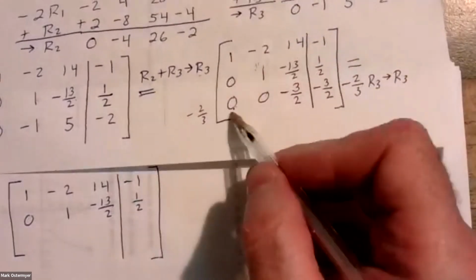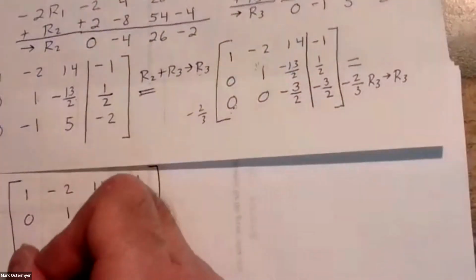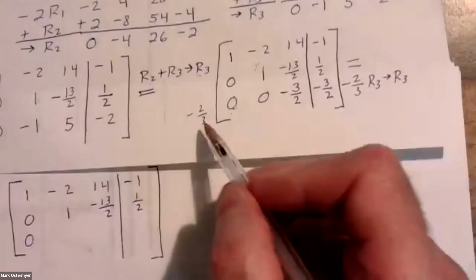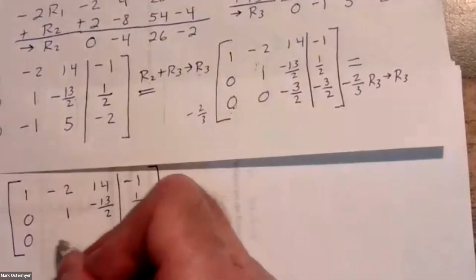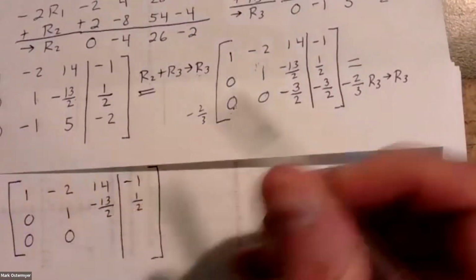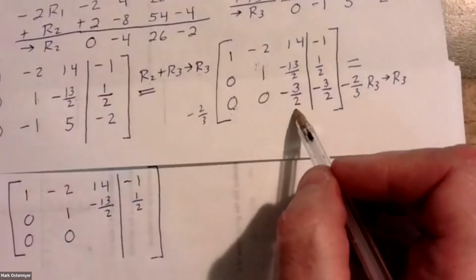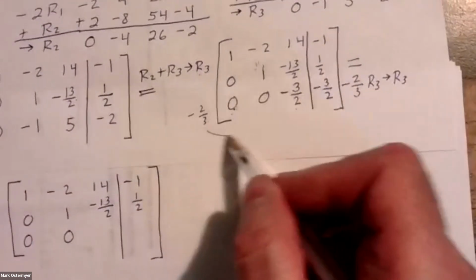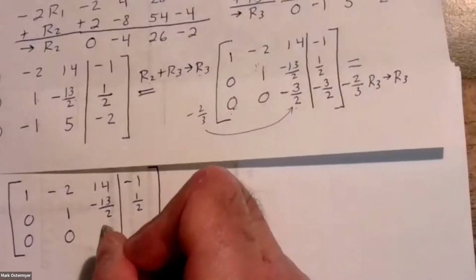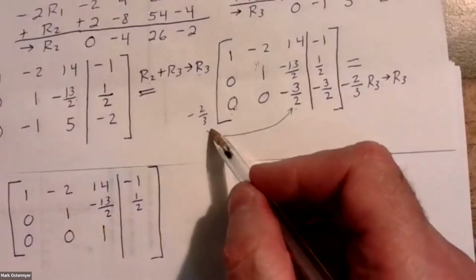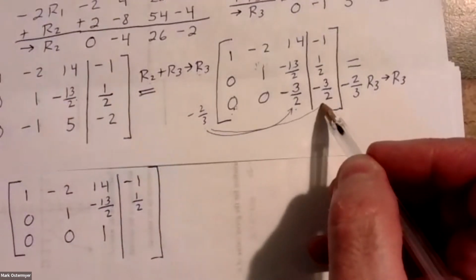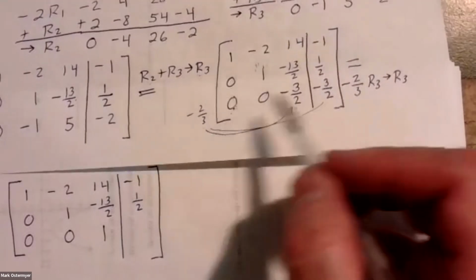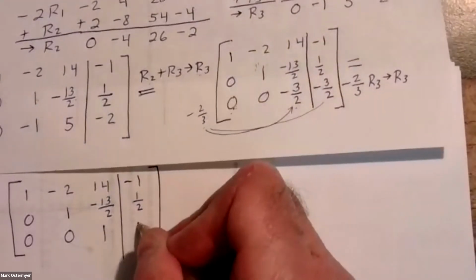What's negative 2/3 times 0? 0. What's negative 2/3 times 0? 0. What's negative 2/3 times its reciprocal, negative 3/2? 1. What's negative 2/3 times negative 3/2?